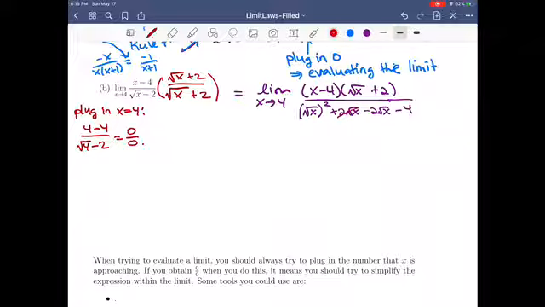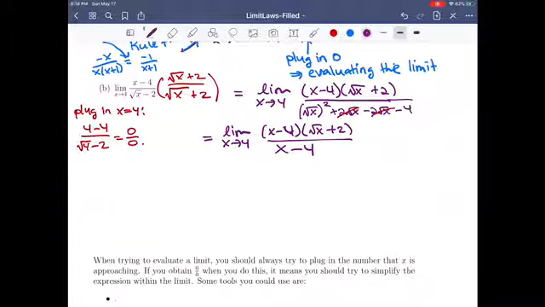Okay, so the 2 root x and the minus 2 root x, those are a 0. And then the square root of x all squared is just x. So I end up with x minus 4 on the bottom.